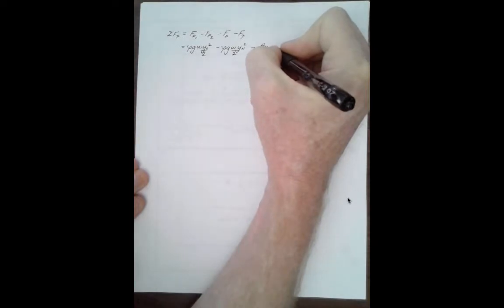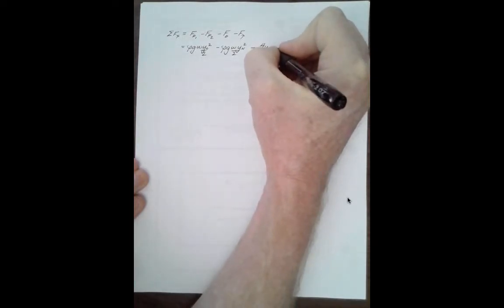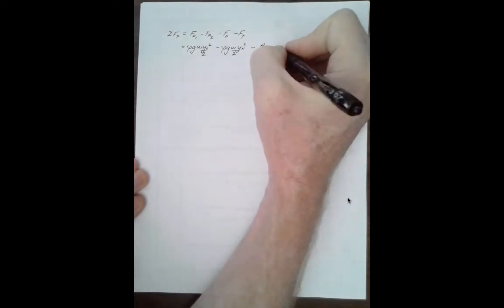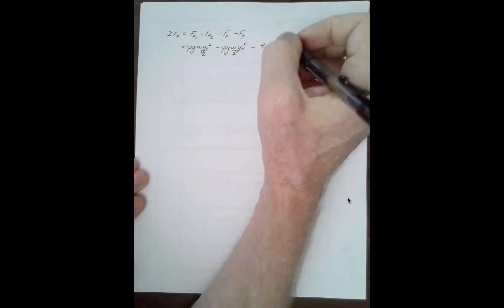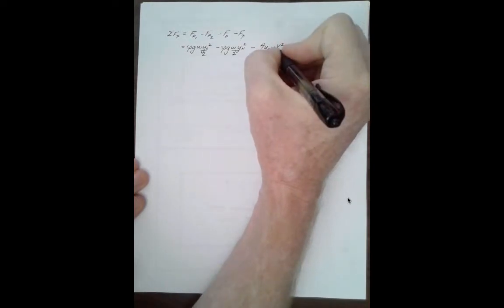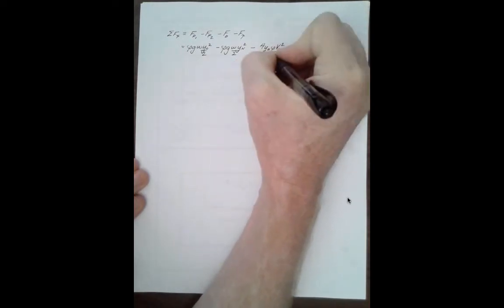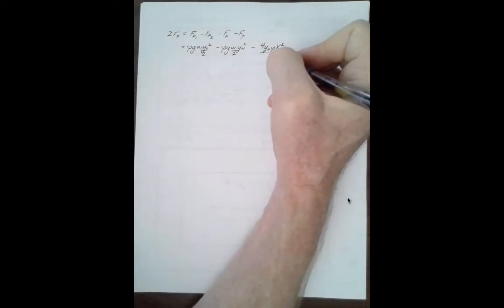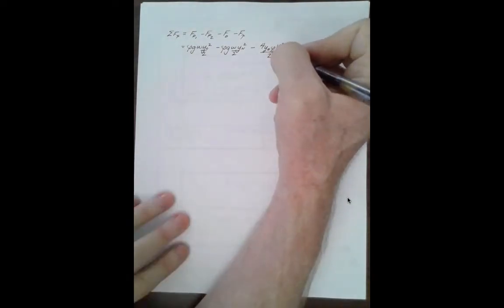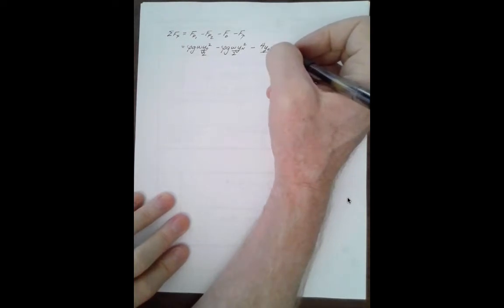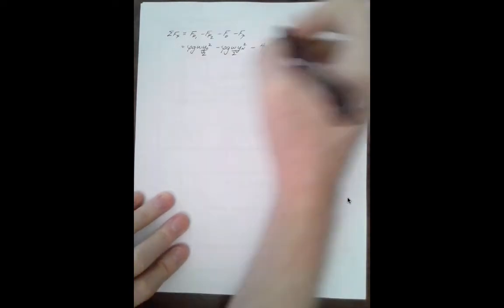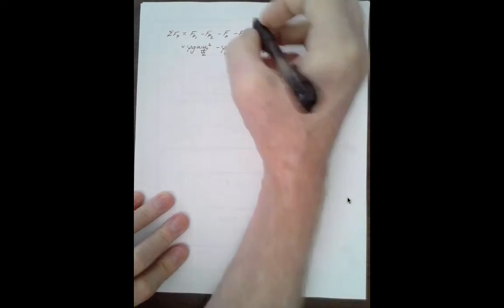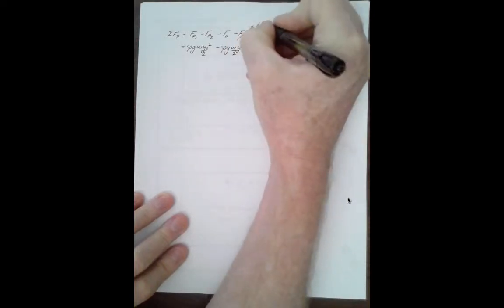y0 rho v1 squared over 2. And the frictional shear we will assume negligible.